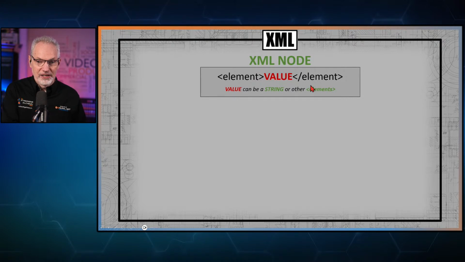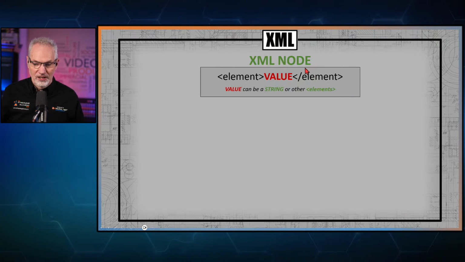Just like directory has entry has first name, those are all an element containing other elements. But first name contains a value, like Michael or Betty or whatever name was in there. So that's the value piece. When you look at an element, everything inside that whole value piece, and then the close of an element, for nomenclature, that's called an XML node.